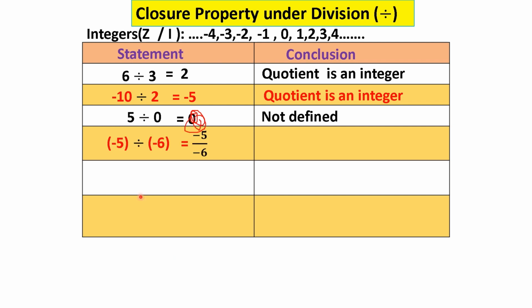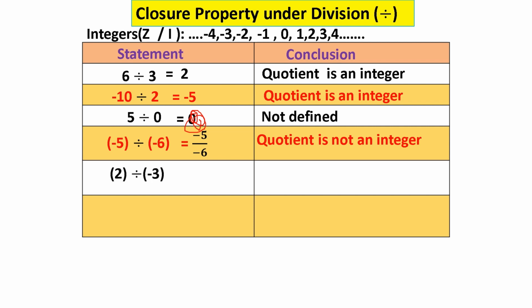Observe, minus 5 is an integer and minus 6 is an integer. On division of these two numbers, we get minus 5 by minus 6, which is 5 by 6. But 5 by 6 is not an integer. It is a rational number. So here the quotient is not an integer.